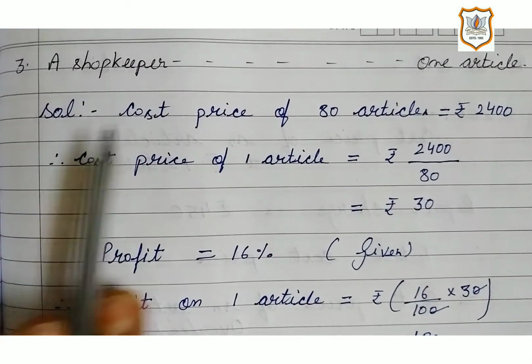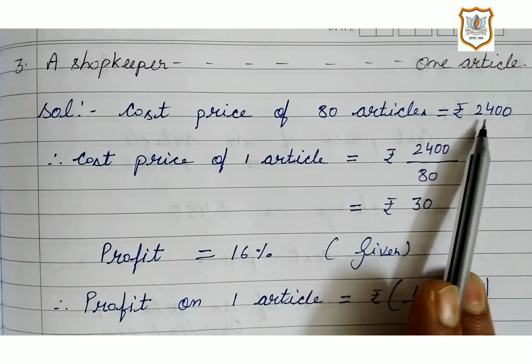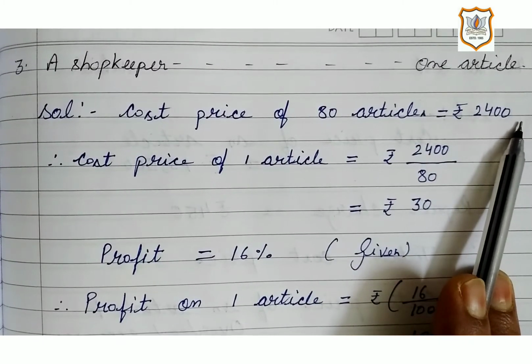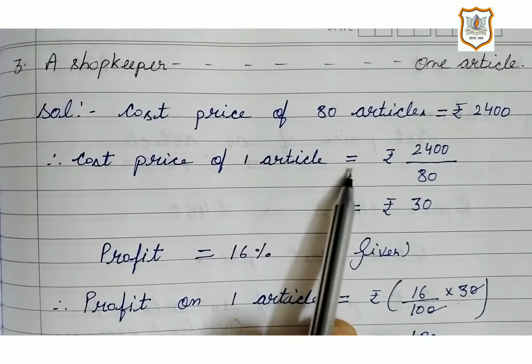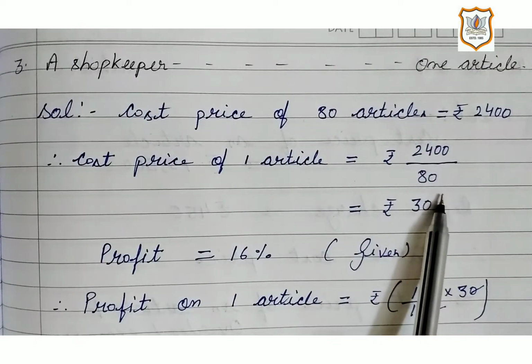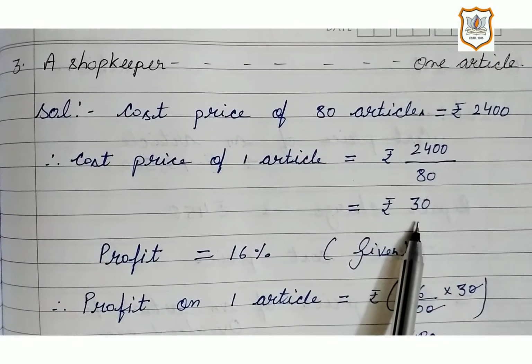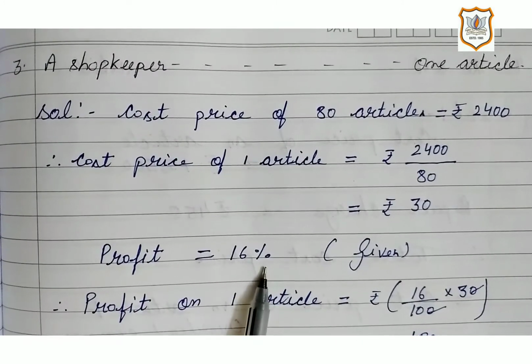Look at the solution. Cost price of 80 articles is equal to rupees 2400. That is given in the question. Cost price of one article is equal to, we will divide 2400 by 80 and we get rupees 30. Profit is equal to 16%.